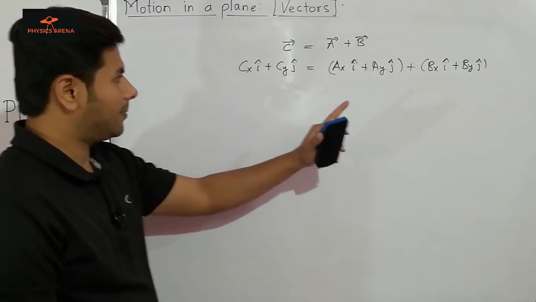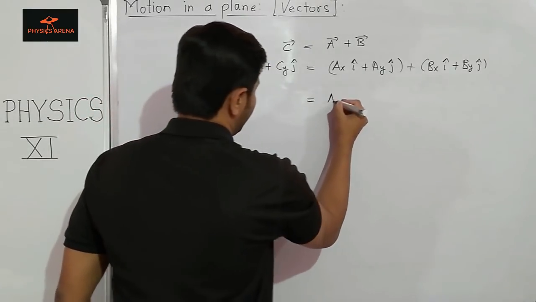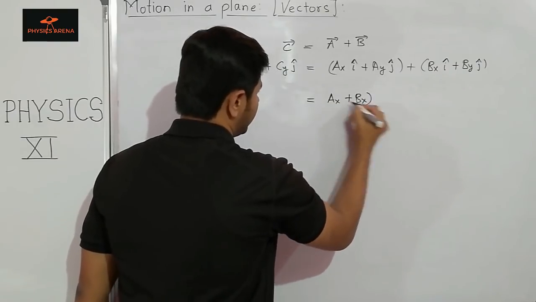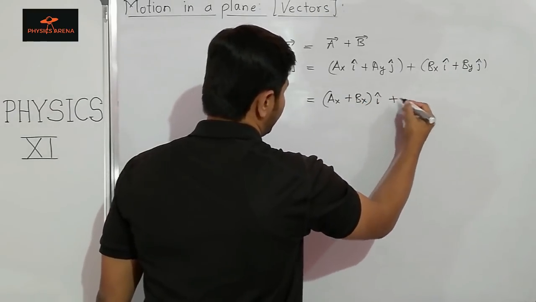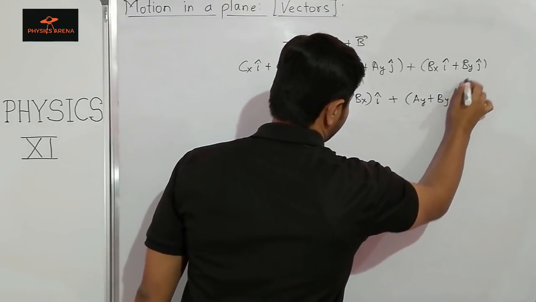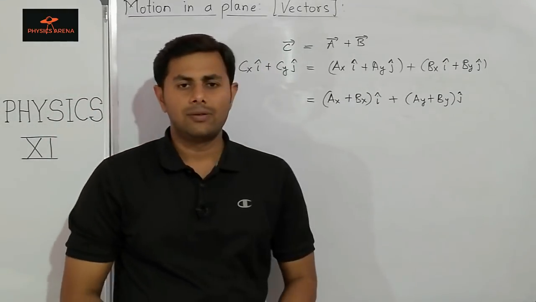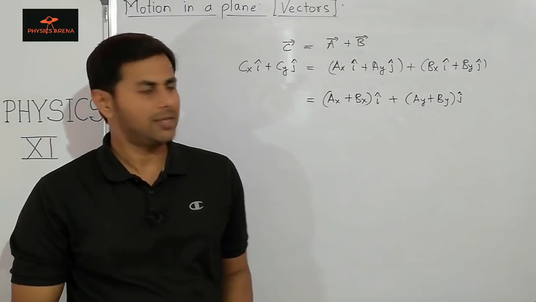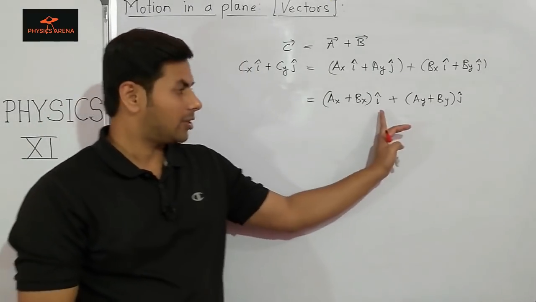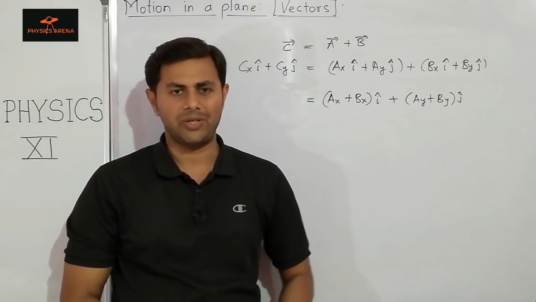Now let's take i cap and j cap common from the right hand side. So we get Ax from here and Bx from there. So (Ax plus Bx) into i cap plus (Ay plus By) times j cap. Now the equality of LHS and RHS demands that the coefficients of i cap and j cap on both sides of the equation should be equal.